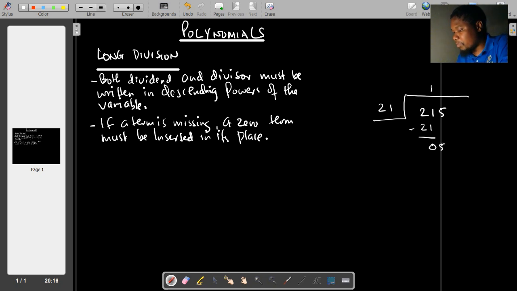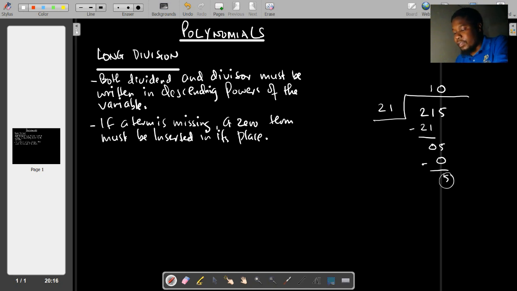Then you would drop the 5 going downwards, and then you say 21 into 5, you will say 0. 0 times that will be 0, and the remainder will end up being 5. So you can see that 21 actually goes 10 times into 215, and there's a remainder of 5. This is how you are doing long division.